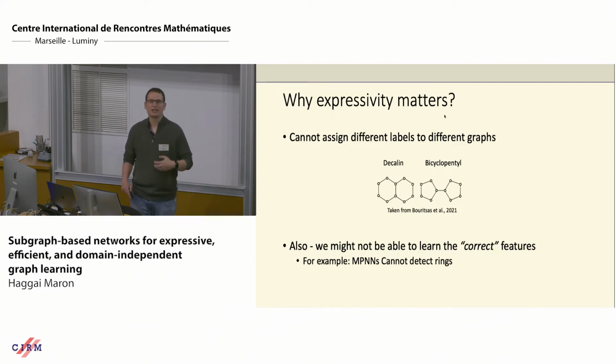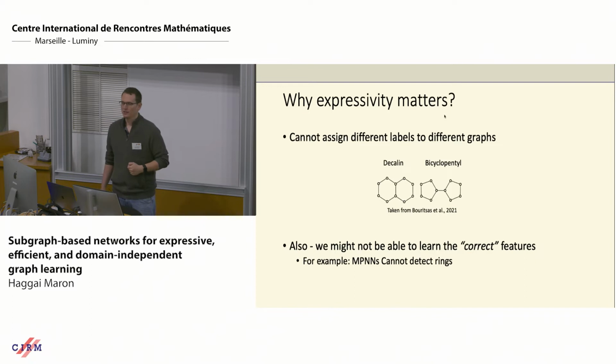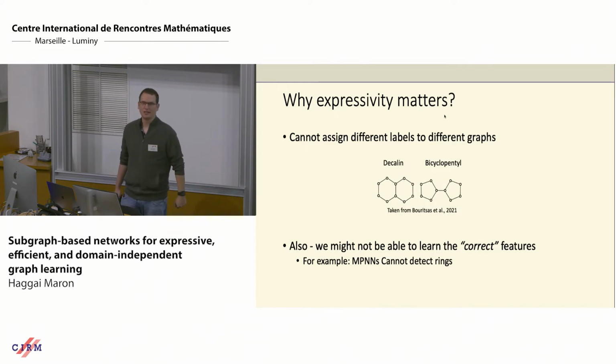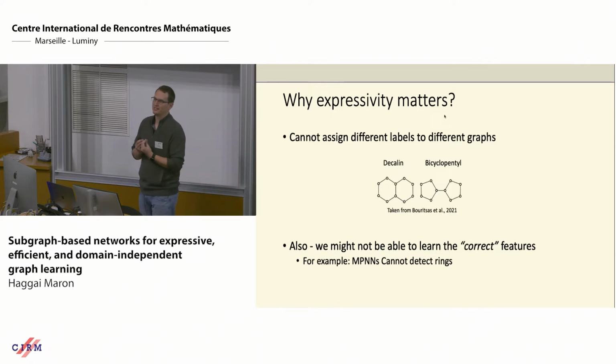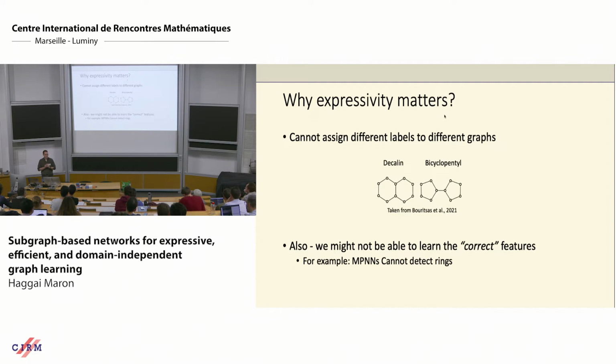So for example, in many cases, we know that some substructures have huge importance on the functionality of the underlying graph, if it's a molecule, or for example, on some other features of the underlying graph. Think about rings in molecules or cliques in social networks. But it turns out that message passing neural networks cannot detect those substructures. So if your underlying function is actually a function of those substructures, you will have a problem.